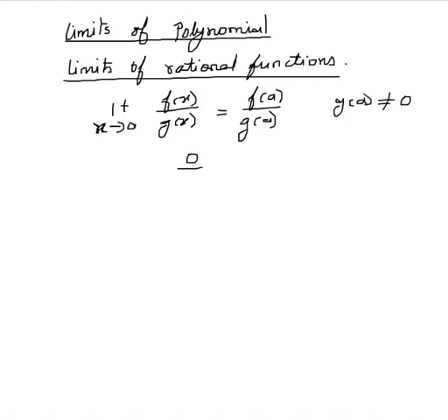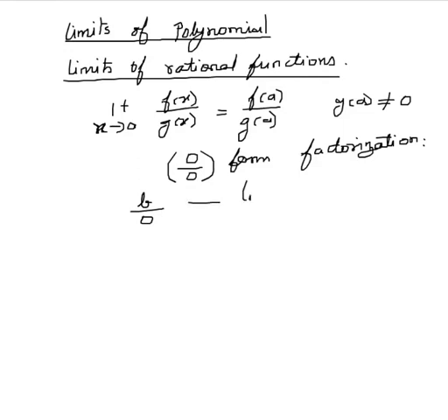When you apply the limit, if you get 0 by 0 form, then use the factorization method. Cancel the common factors and then apply the limit. If you get b by 0 form, then we conclude that the limit does not exist. And if you get the answer b, that is the limit value.